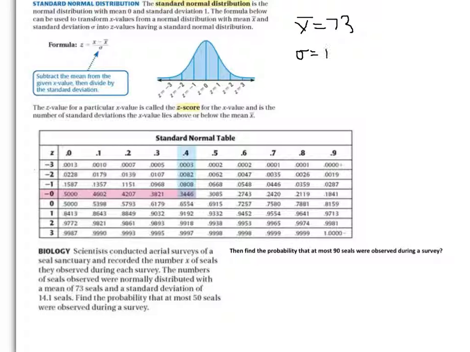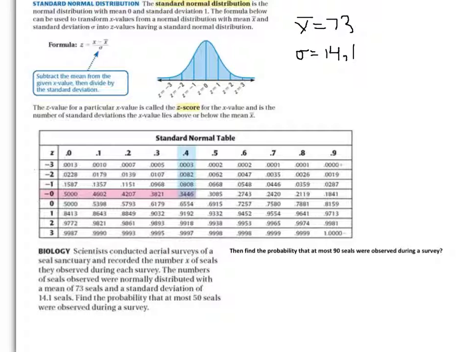Sigma is 14.1. Find the probability that at most 50 seals were observed during the survey. At most 50 means 50 or less. So that's what our curve is, because this curve always tells you the percent below, not the percent above, but the percent below.